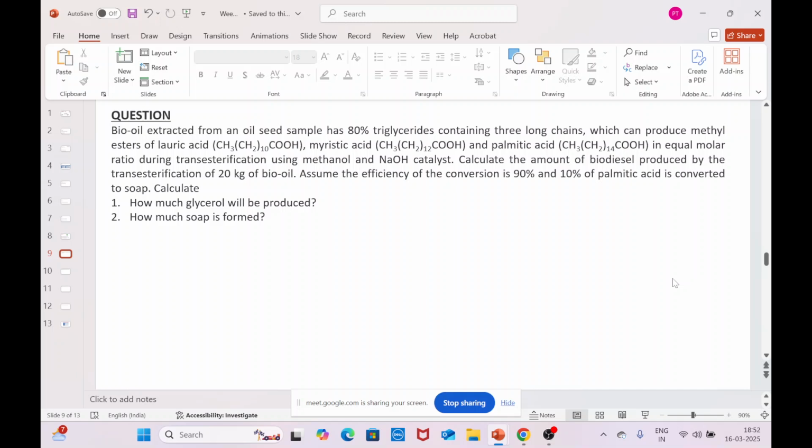I guess it's a straightforward question I have taken. So, how to proceed with solving this?